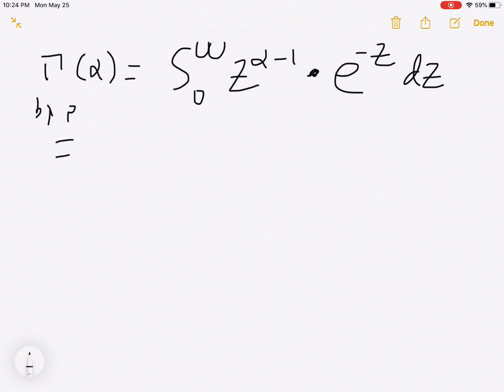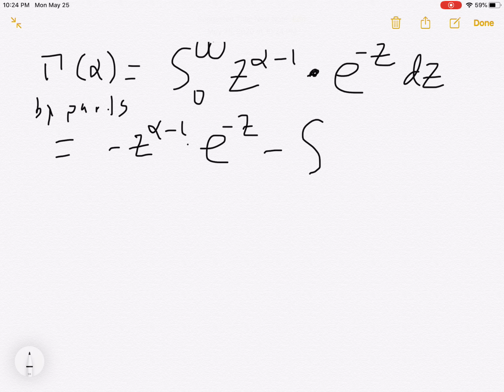So by parts, this will be equal to z to the alpha minus 1, then the negative comes from the e to the minus z, minus this integral of alpha minus 1 times minus e to the minus z dz.